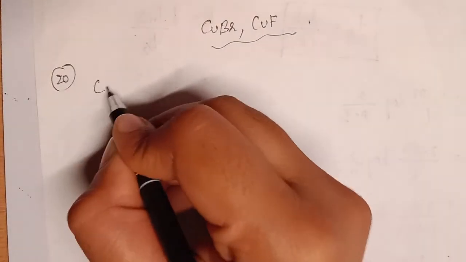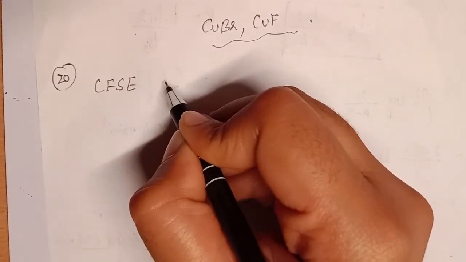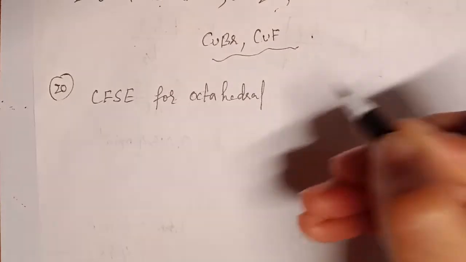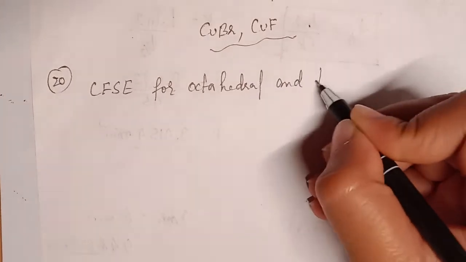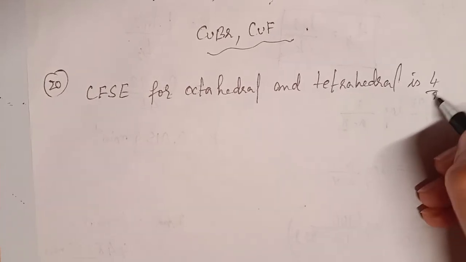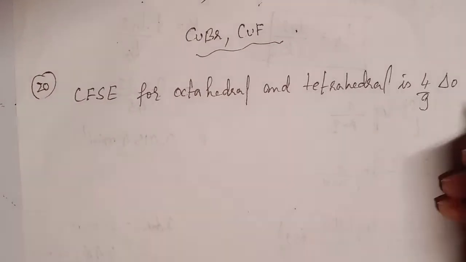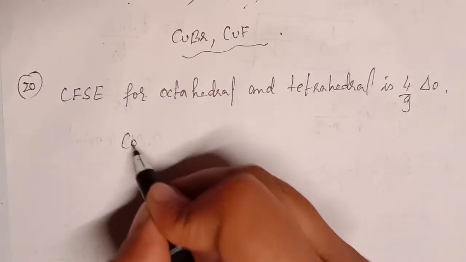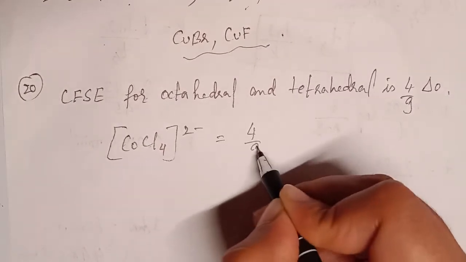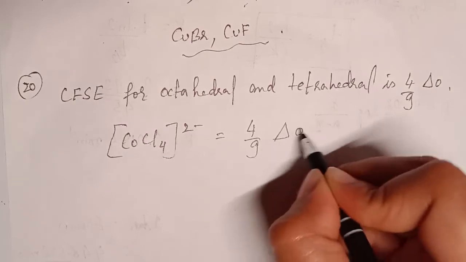So we know that the crystal field splitting energy for tetrahedral is 4/9 delta naught, that is, for CoCl4 2-, it is equal to 4/9 delta naught. What is delta naught?